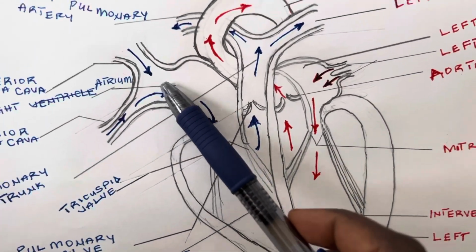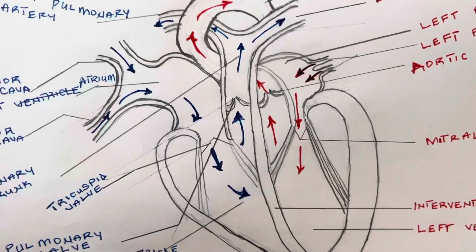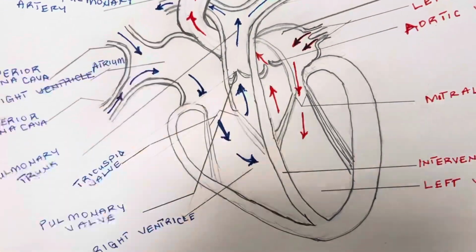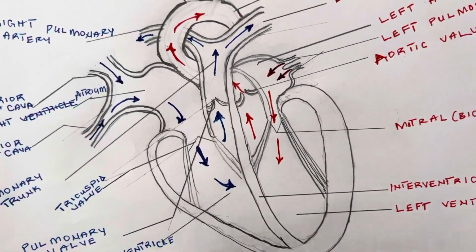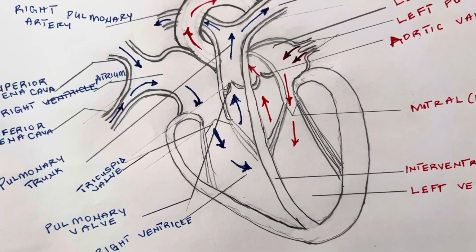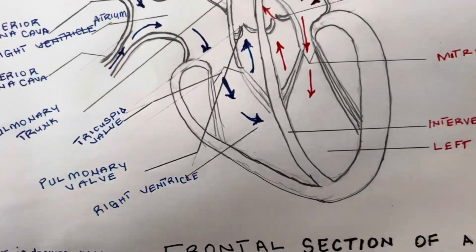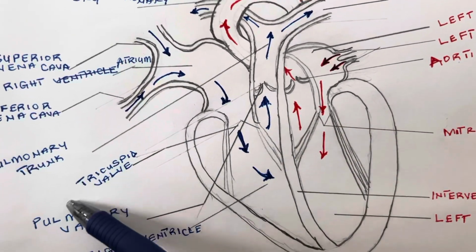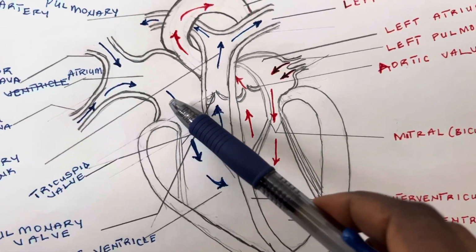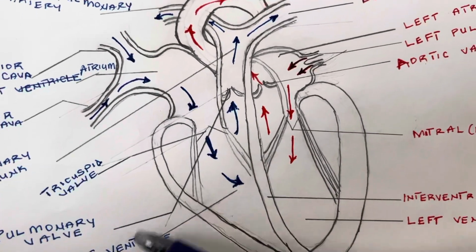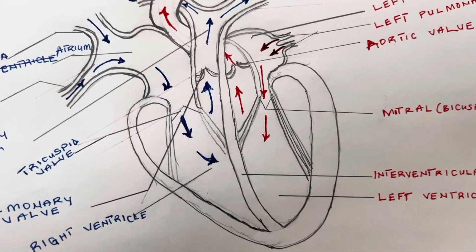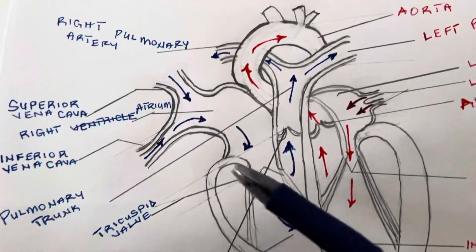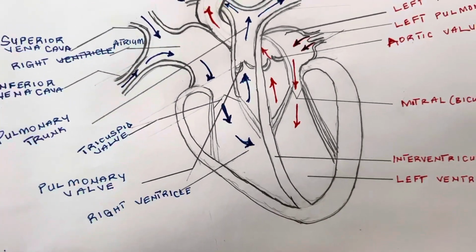This is my right atrium here, that receives blood from the vena cava, and it's indicated here on the right with, as you can see, the blue arrows. I use the blue ink to indicate the right side because that is deoxygenated blood.